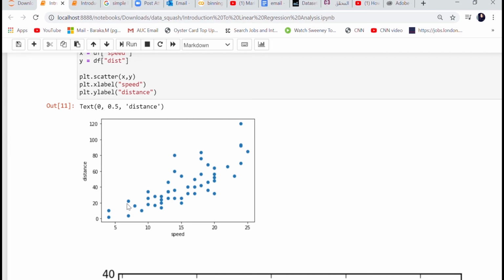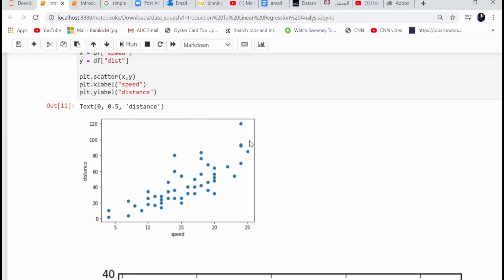So what does linear regression do? How do we fit the line? So basically we just want to draw a straight line between these two variables that can go through all these points on the scatter plot. But obviously we cannot draw a perfect line that can go through all these points at the same time, right?